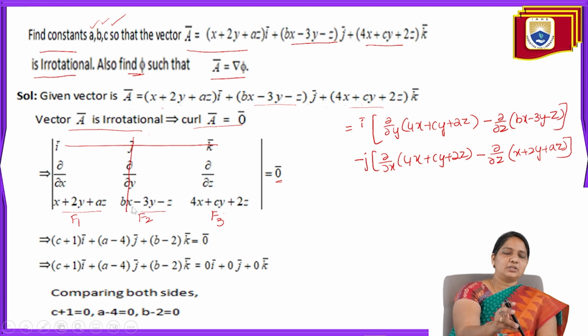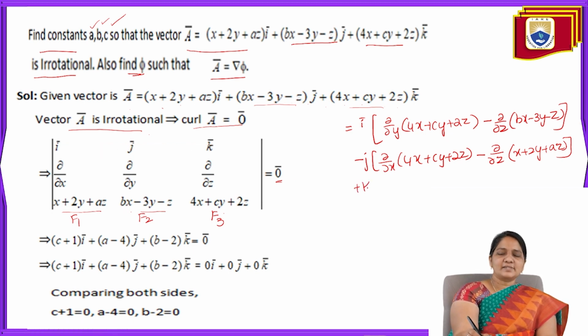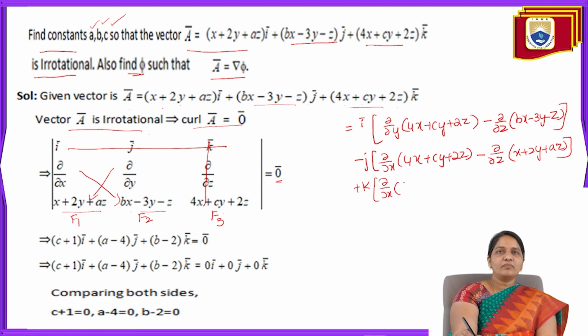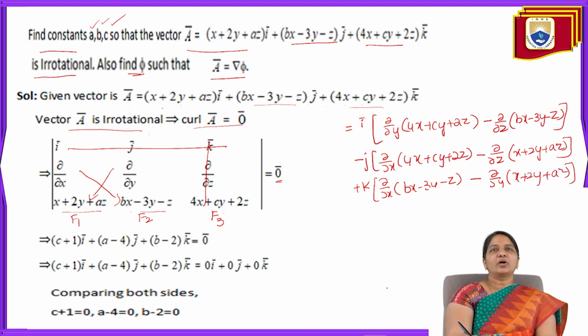Next, coming to the third term, plus k: dou by dou x of bx minus 3y minus z minus dou by dou y of x plus 2y plus az. This is the cross product we are going to find.